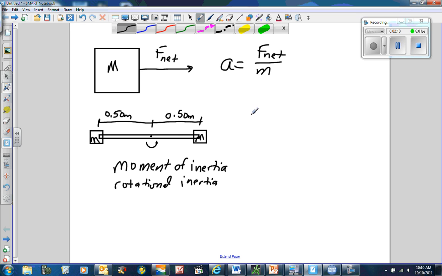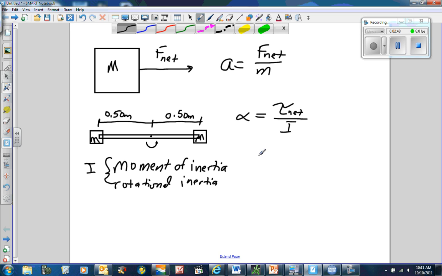That's going to rotate according to this function: angular acceleration, in radians per second squared, is equal to the net torque divided by I. This I is what we call the moment of inertia, or rotational or angular inertia. The size of I tells me how hard it is to accelerate this object in a circle.